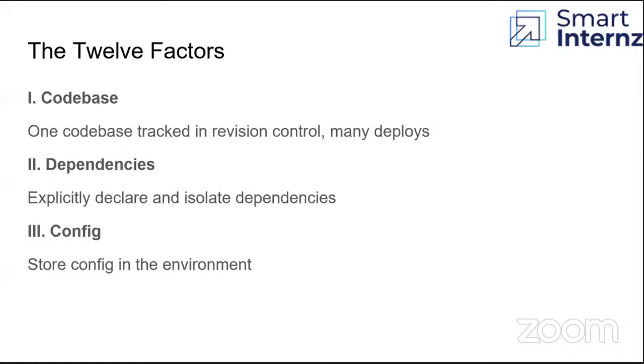And the next one is dependencies. You have to explicitly declare and isolate dependencies, which means that every application has some external tools or libraries it needs to run without any errors, right? Let's say you are developing a web application, most frequently it will need a database. Suppose you're creating a login website, so users need to register to the portal.